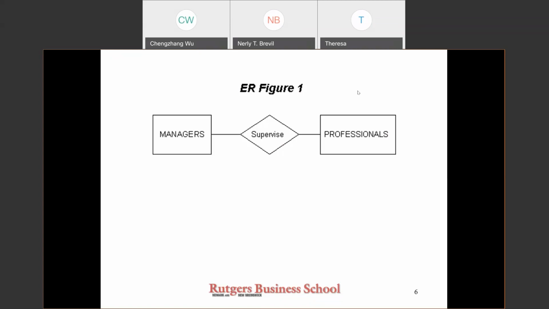Well, it is convention to label the relationship so that the relationship reads from left to right. So this diagram indicates that managers supervise professionals.